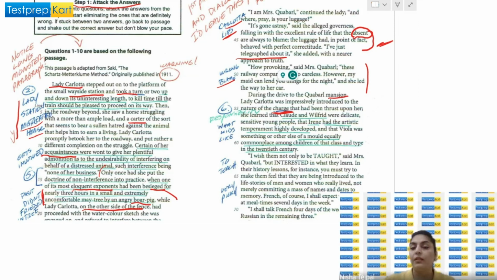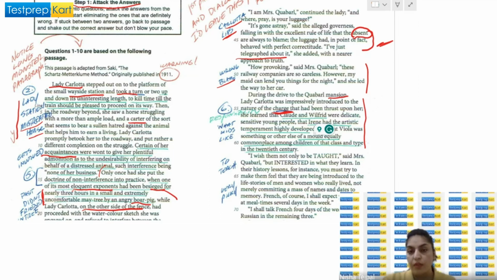She learned that Claude and Wilfred were delicate, sensitive young people, that Irene had the artistic temperament highly developed, and that Viola was something or other of a mold equally commonplace among children of that class and type in the 20th century. So this passage is about Miss Quabal's family. She is now introducing her children.